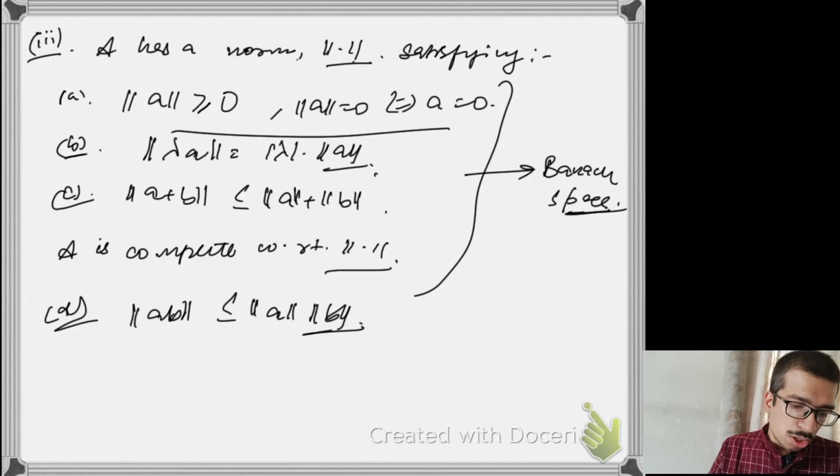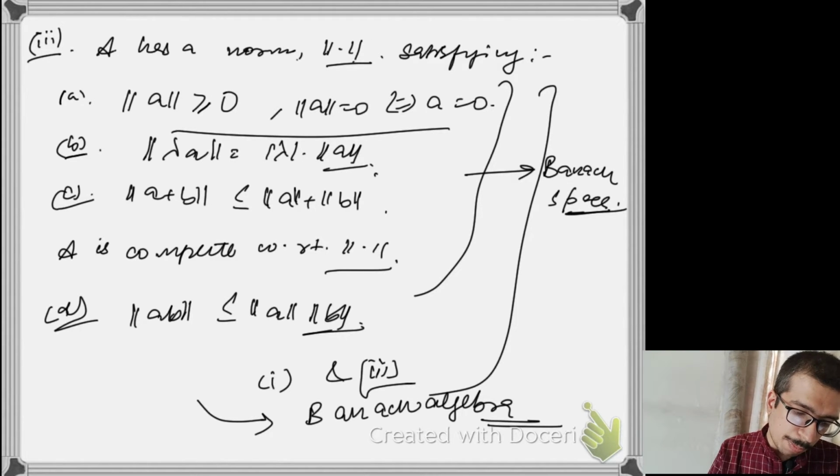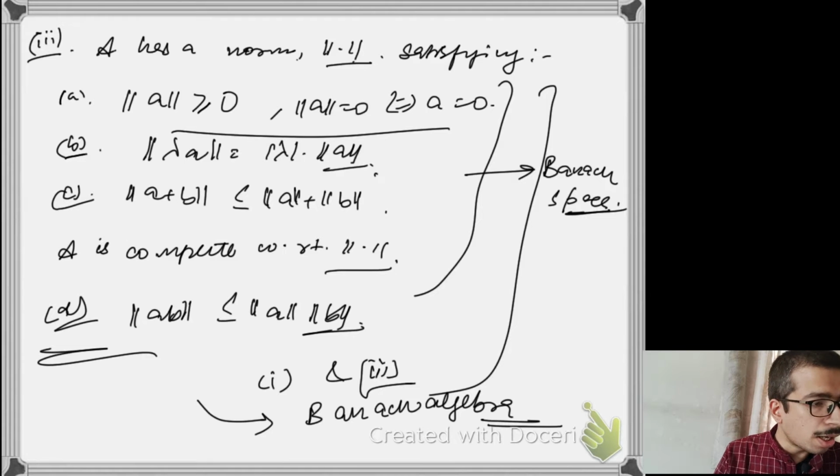So an algebra with such a norm is called a Banach algebra. If you have 1 and 3, that is, algebraic properties and these norm properties, then you get a Banach algebra.